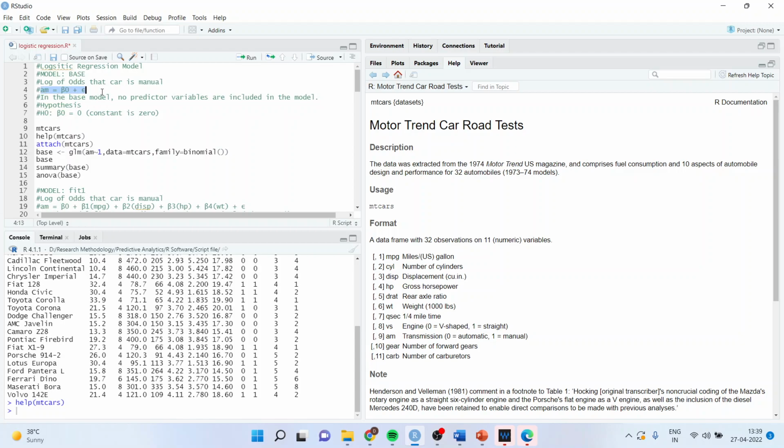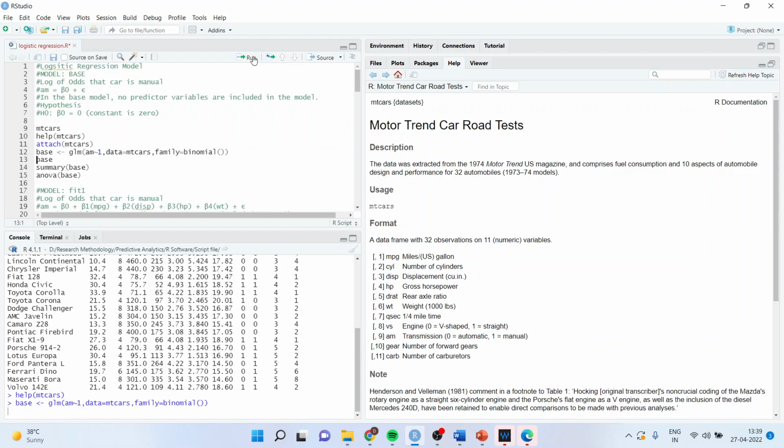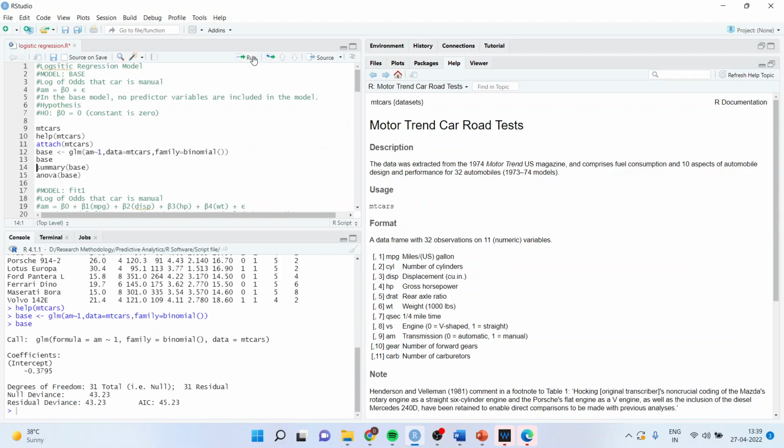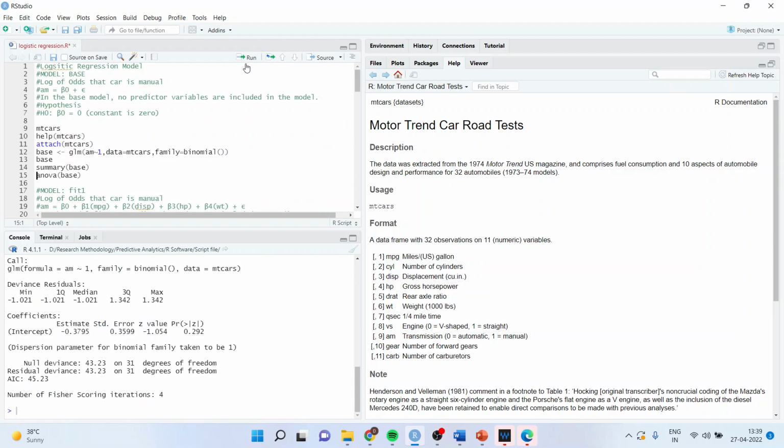So the model is AM is equal to constant plus error. The null hypothesis is that the coefficient of the constant is equal to 0, or rather it is insignificant. I run the model, giving the name base GLM, generalized linear model, AM tilde 1, data is equal to mtcars, and I'll be using the family binomial. When I run this, I get the summary of the base.